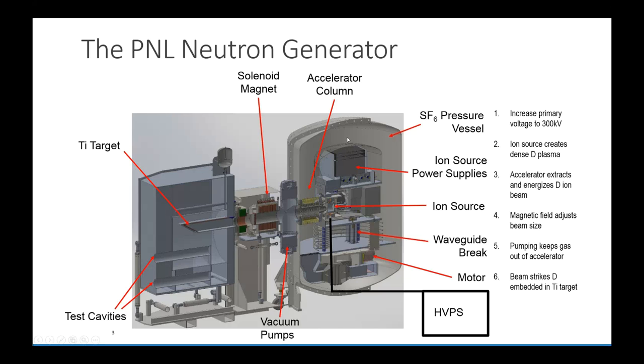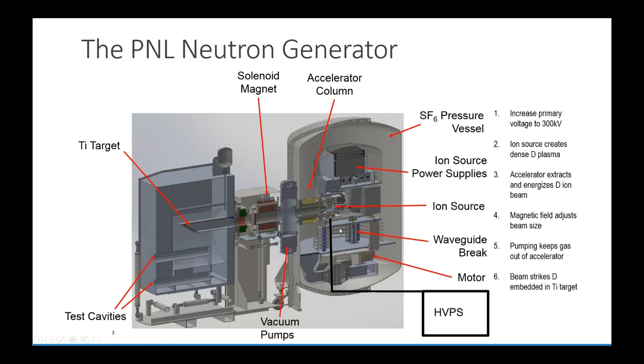This is a pressure vessel. It stands about, I don't know, 8 or 9 feet tall. We hook up a 300 kilovolt power supply and accelerate ions down into a target. Near the target, there are some test cavities, and at the target is where we make all of the neutrons.